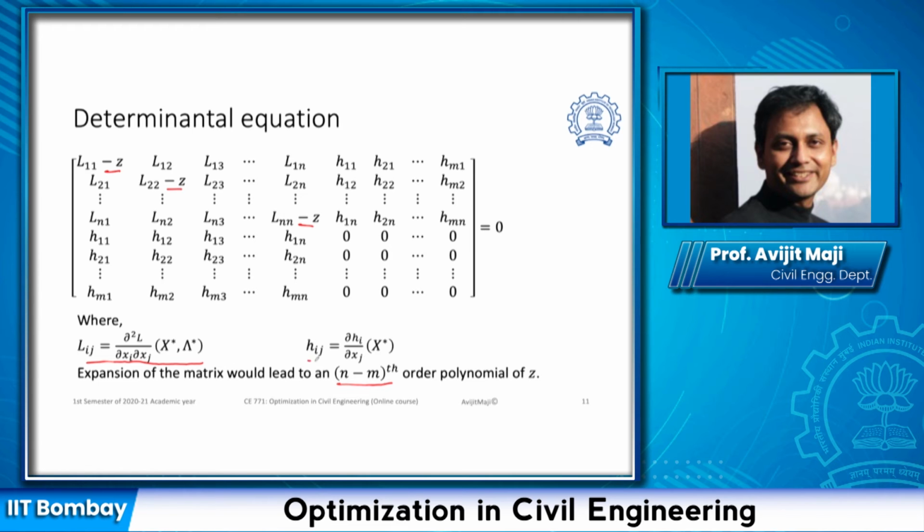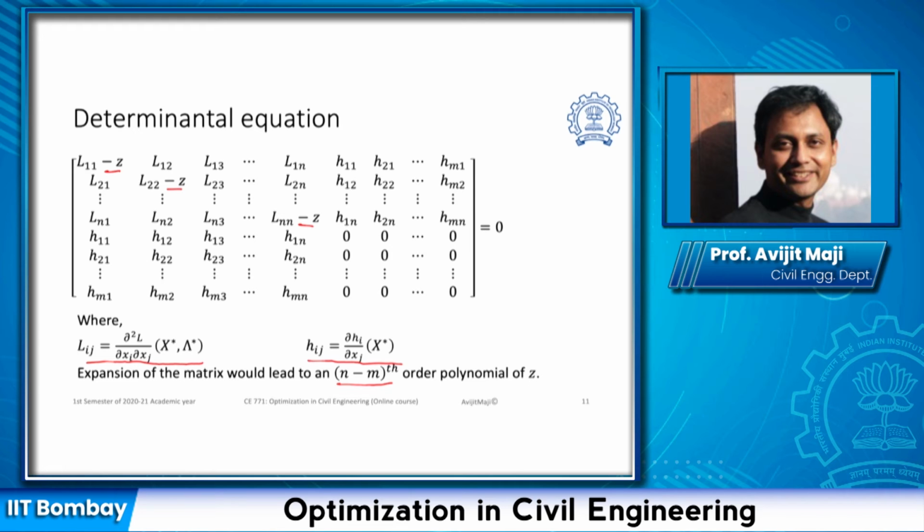Hij is the partial derivative, or first order derivative, of the constraint with respect to the variables considered at the optimum x star. So we just need to solve the polynomial of z, and we can easily say whether we have obtained an optimum point or not.